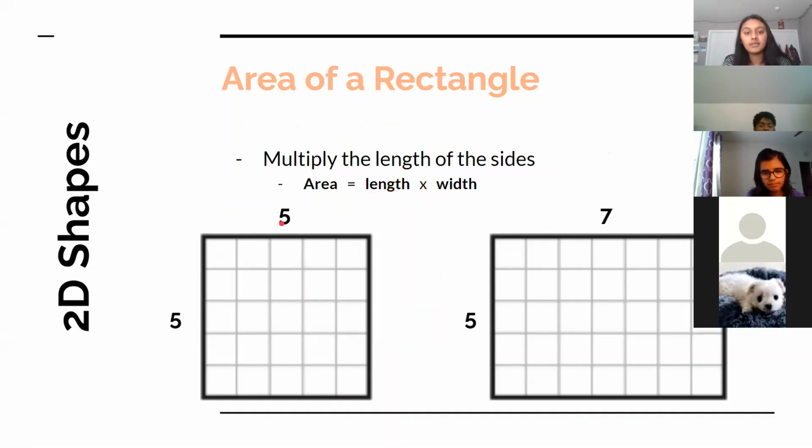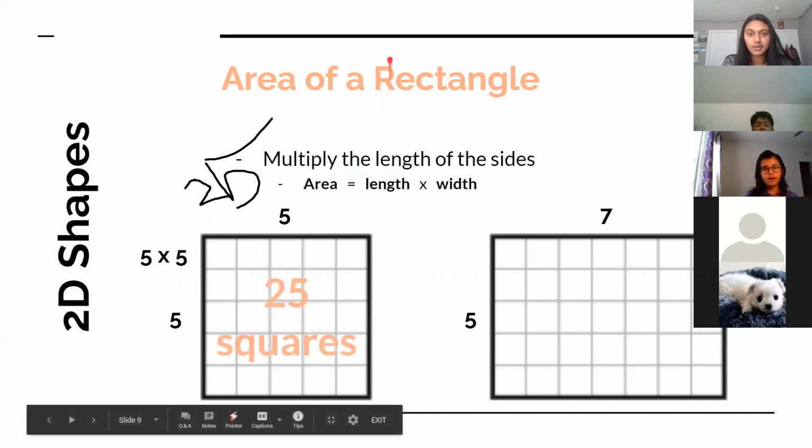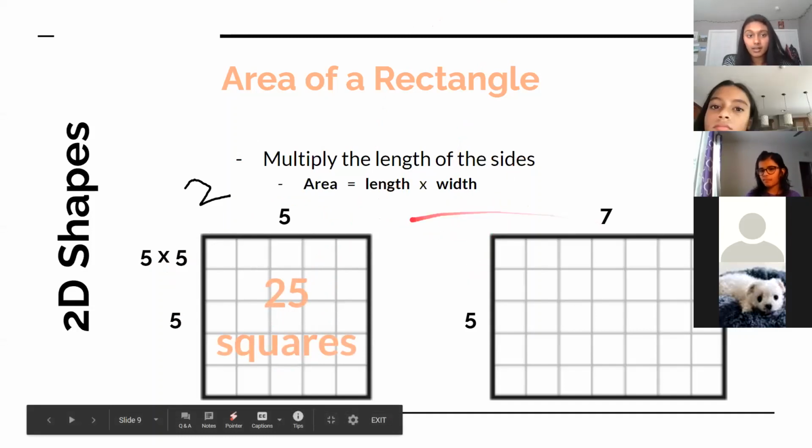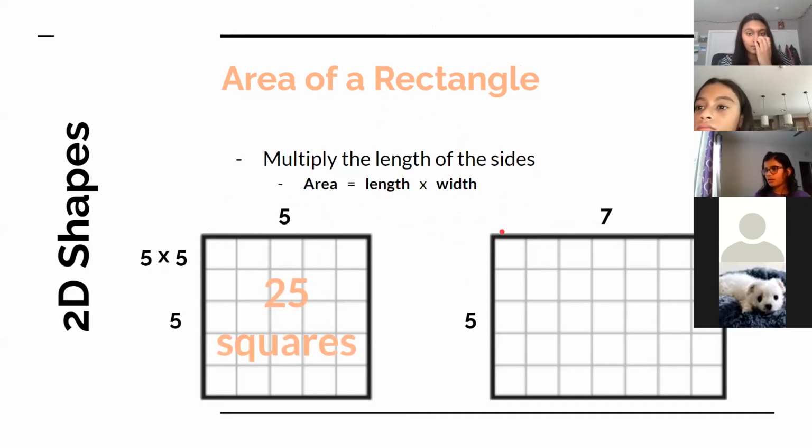All we're going to do is multiply the length times the width, and that's your area. So right here we have the length is 5 and the width is 5, so we're going to do 5 times 5. Equals 25. So your area is going to be 25 squares. And then the same thing here. So the area is going to be the length times width.